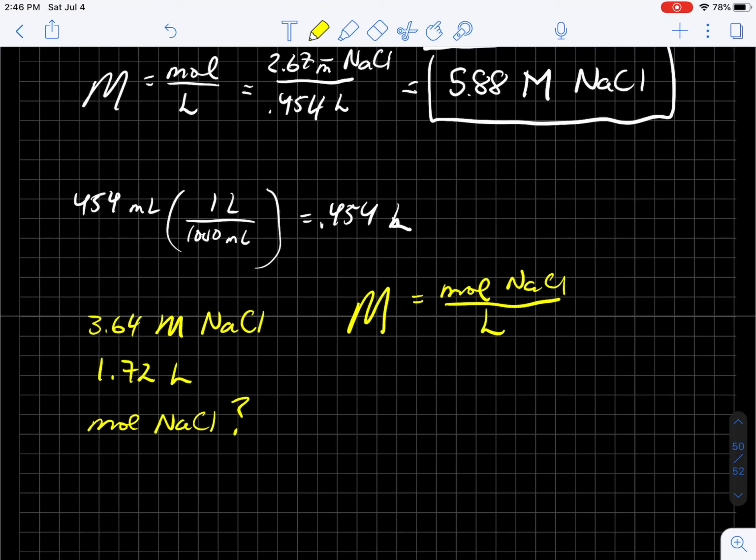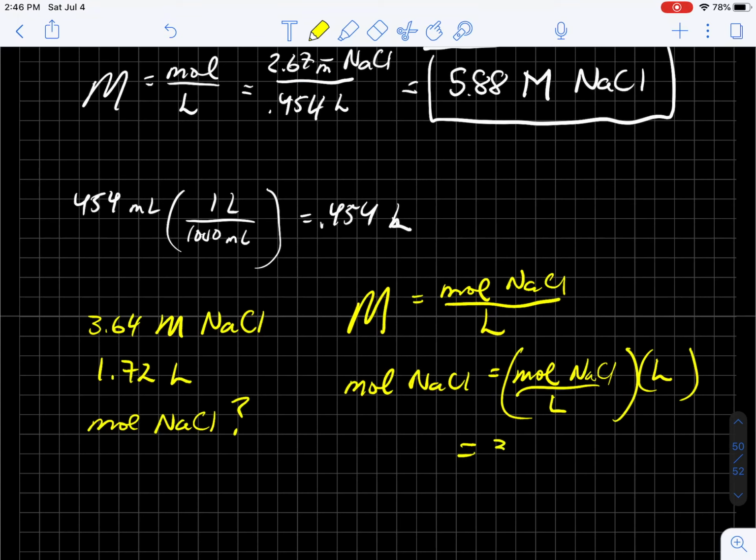Molarity is moles of sodium chloride over liters of solution. We're going to solve for the variable, so moles of NaCl is equal to molarity. Now at this point I'm going to convert molarity into units, moles of NaCl over liters, and then we're going to multiply that by the liters. So this is going to be our molarity rating times the liters. And of course liters cancel out and we're left with moles of sodium chloride. So let's substitute that in.